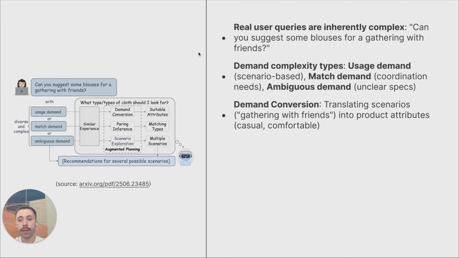That's why each of these dimensions has to be mapped into something more specific. For example, usage demand, gathering with friends, can be mapped into specific product attributes that can be casual or comfortable.